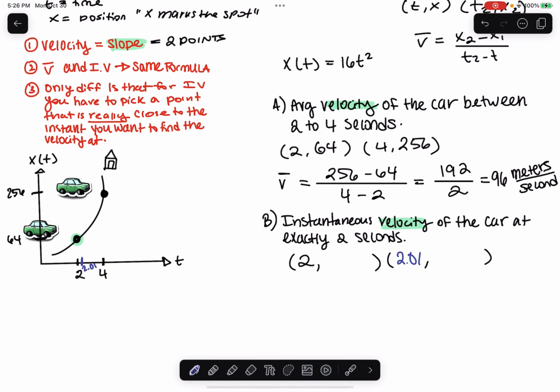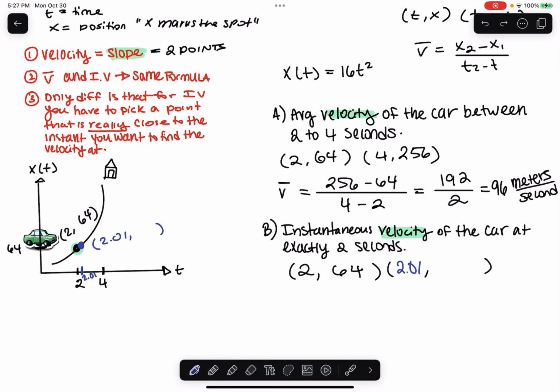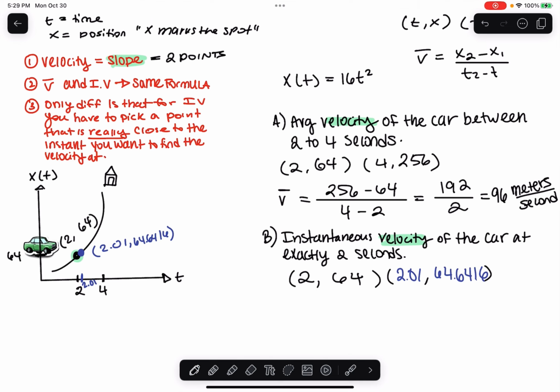That's just a little bit more than the point we're actually trying to find the slope at. So far, we have a point over here that's 2.01, and over here, we have 2, 64. We have to go ahead and find the position at 2.01 seconds. If you plug 2.01 into the function, you're going to get 64.6416.